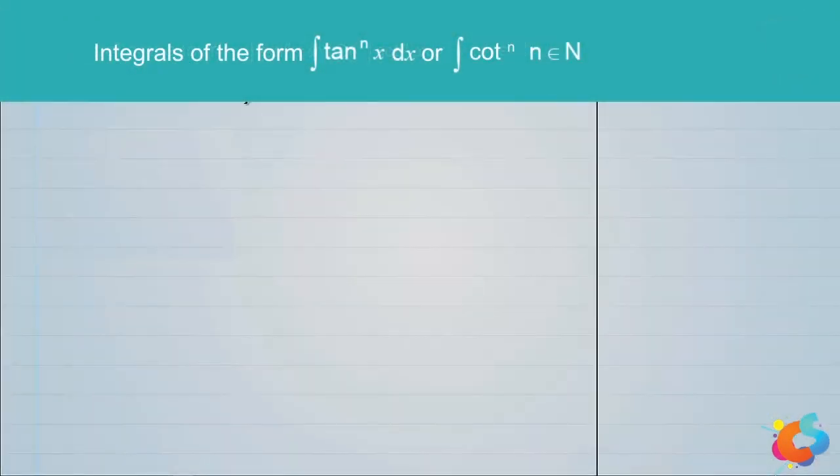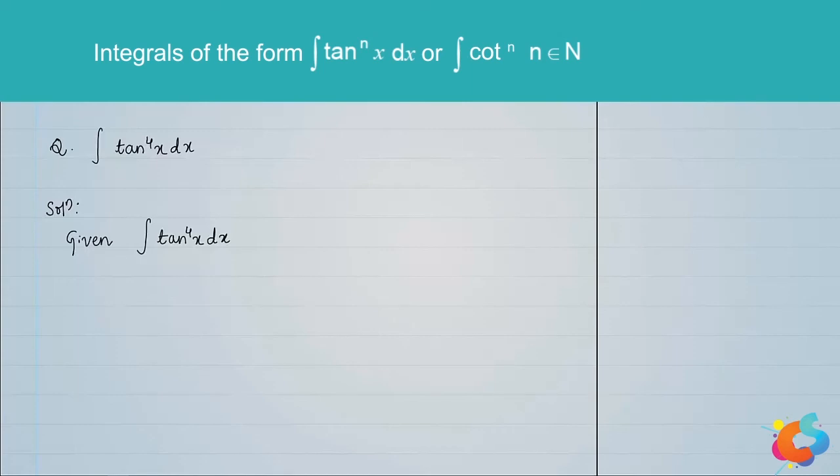We now consider integrals of the form tan to the power of nx or cot to the power of nx. Whenever these types of integrals are given, we try to express tan to the power of nx in the form of tan to the power of n minus 2x into tan square x, so that this tan square x can be expressed in terms of secant square.